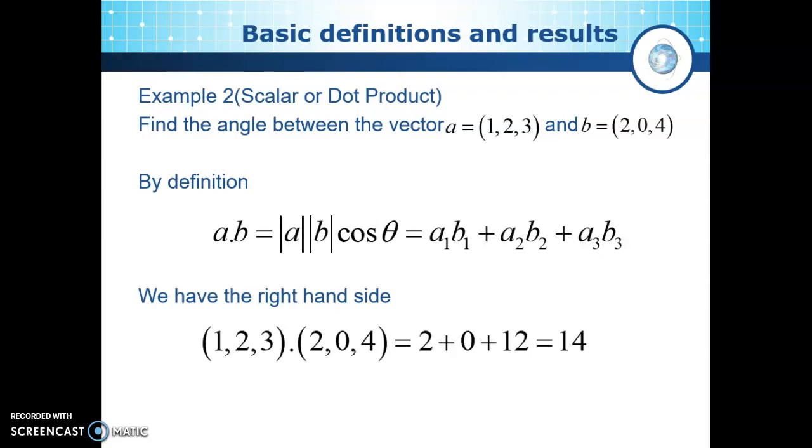Okay, so what do you get? This one we have 1 times 2, plus 2 times 0, plus 3 times 4. So we get 2 plus 0 plus 12. The answer is 14.